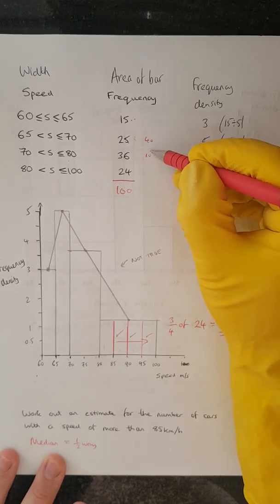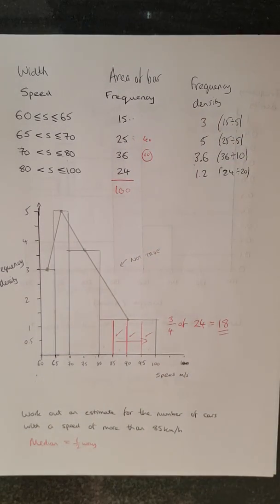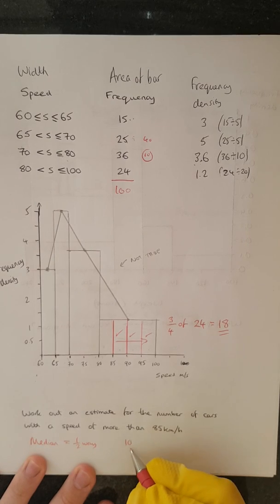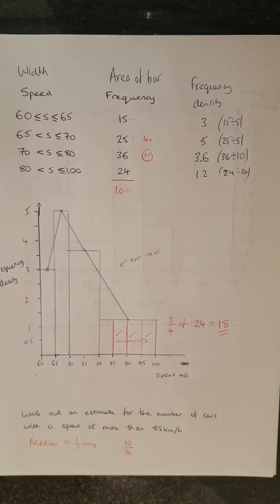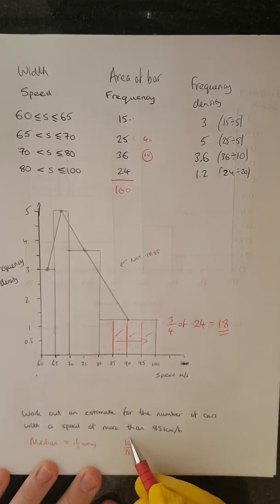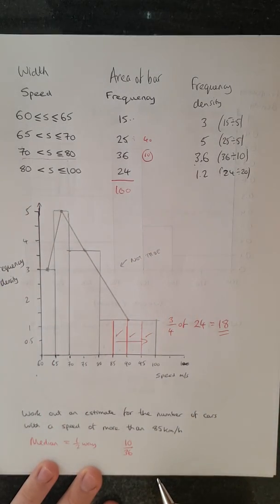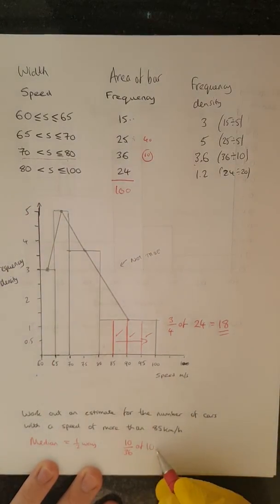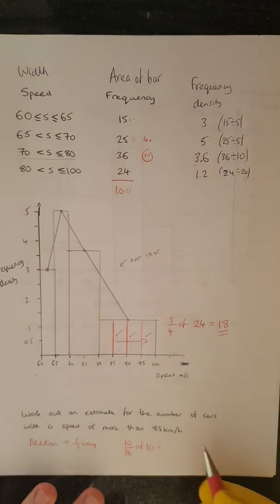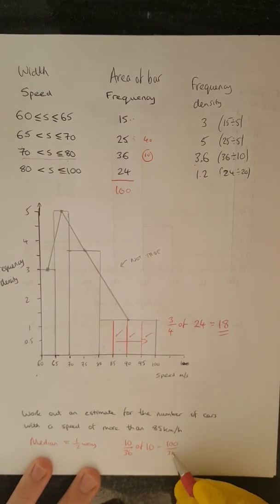So it's 10 bits into the next interval that is halfway. 10 bits out of 36. That's the fraction of this bar that you need to count. So that bar is 10 wide, so it's that fraction of 10, which is a multiply, so it's 100 over 36.